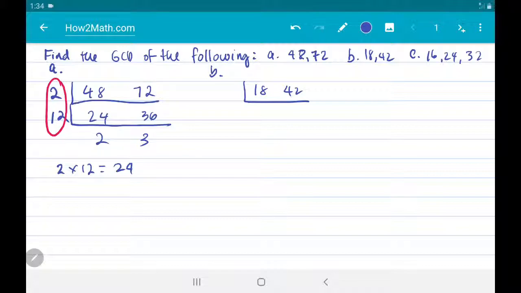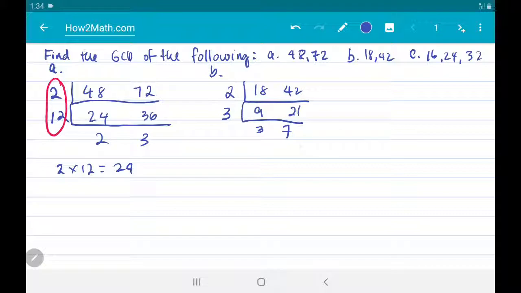Okay, so what about 18 and 42? Of course, the easiest is 2. So that's 9 and 21. Can you think of another common divisor? That's 3. So 9 divided by 3 is 3, and 21 divided by 3 is 7.